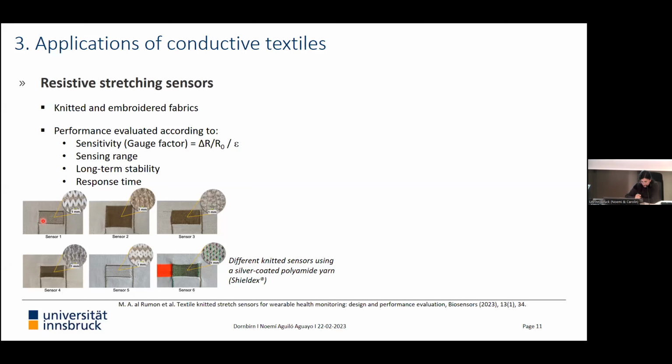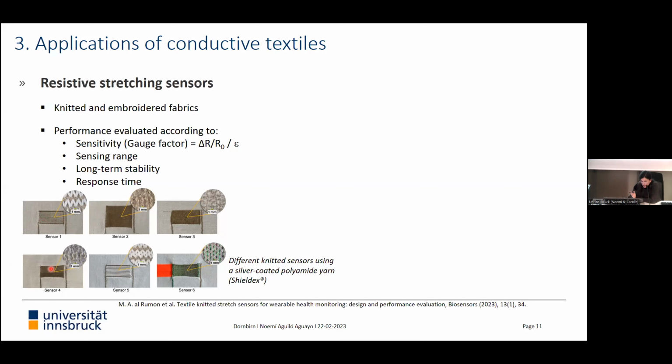So it is normal that they use the most common technique to create stretching sensors. Resistive stretching sensors will be with the knitting. And here you can see an example of different knitted structures with a silver-coated yarn.